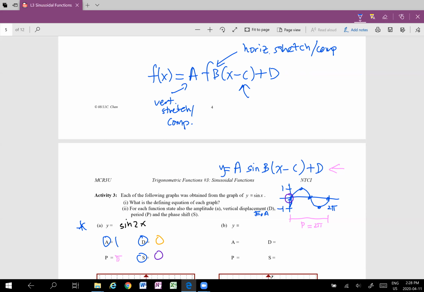The C value is the horizontal shift or translation, left and right. And the D value is the vertical shift, up and down, of any function. So we already learned this.